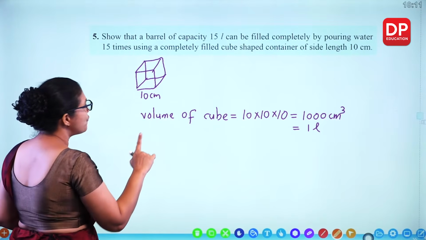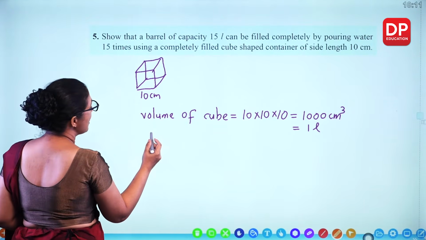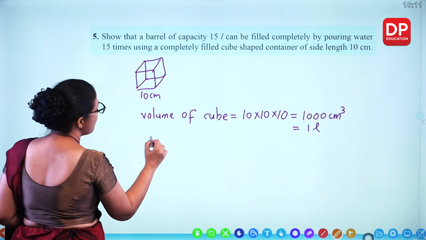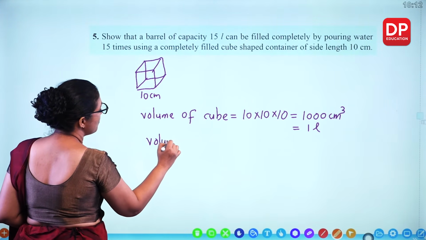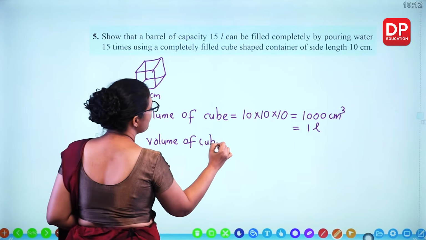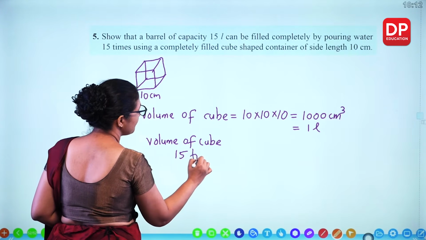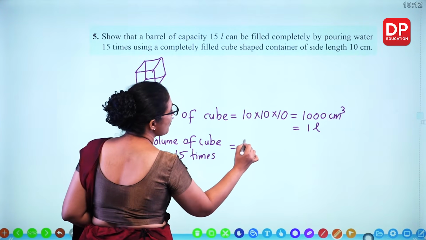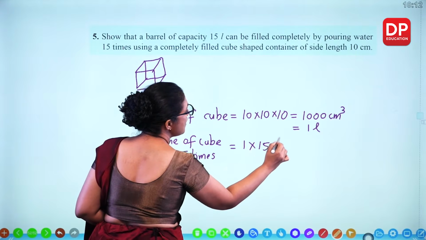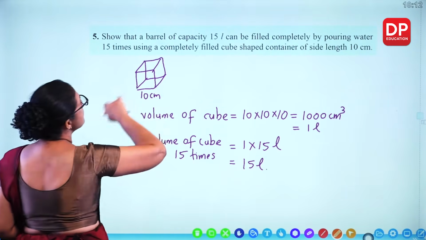So 15 times you need to fill. So we can find out volume of cube 15 times. 1 into 15, that's 15 liters. So it's correct.